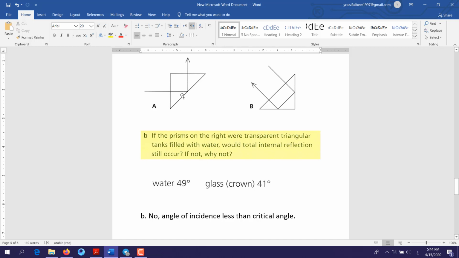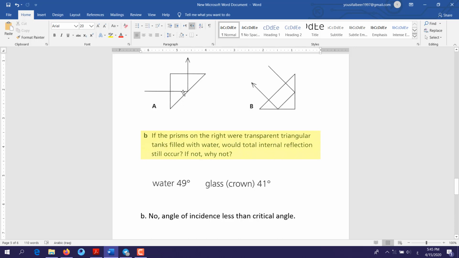Here the incident angle is 45, which is more than the critical angle, so there will be total internal reflection. But in water, for a ray to reflect totally, the incident angle should be more than 49.